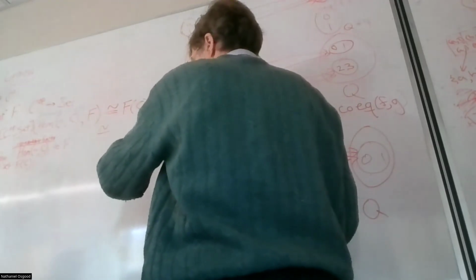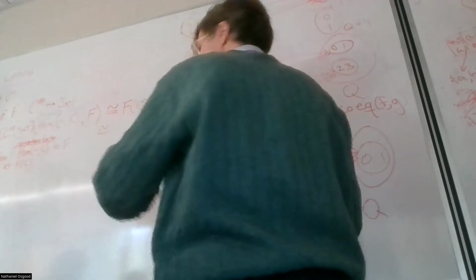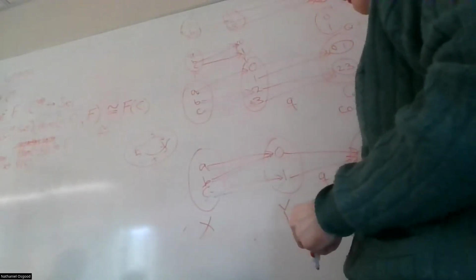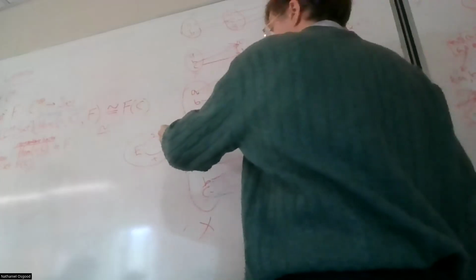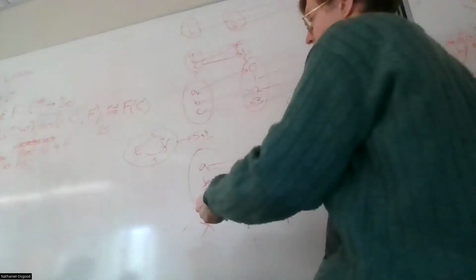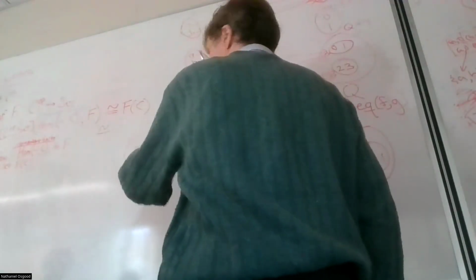Remember that? Source, target. And if we consider a given map from this to Set, a given instance of this schema, a given presheaf, call it X.